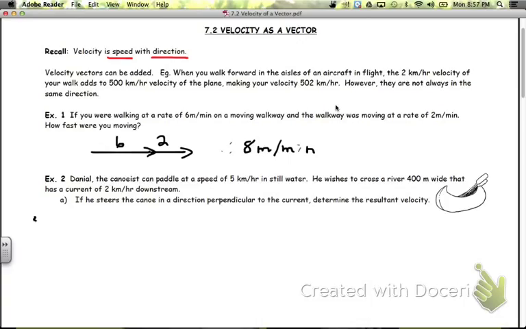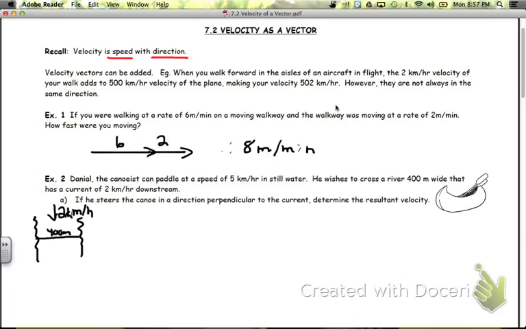So let's give ourselves a little visual here. We're talking about canoeing across 400 meters. So that's 400 meters there. And we know that there's a current coming down at 2 kilometers per hour.